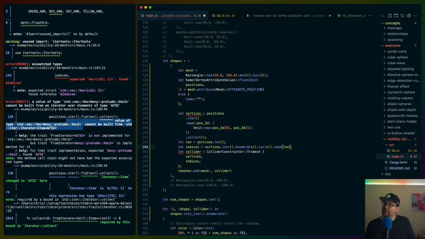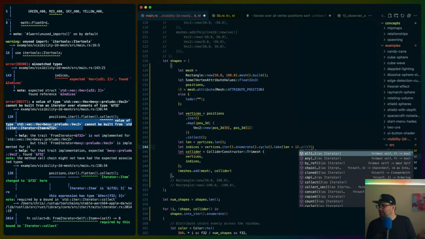Take length. Is it length plus 1? If we have a set of 3 points and we cycle over them in windows, then we need 4 items, even though the length is 3. So we're going to take that number.